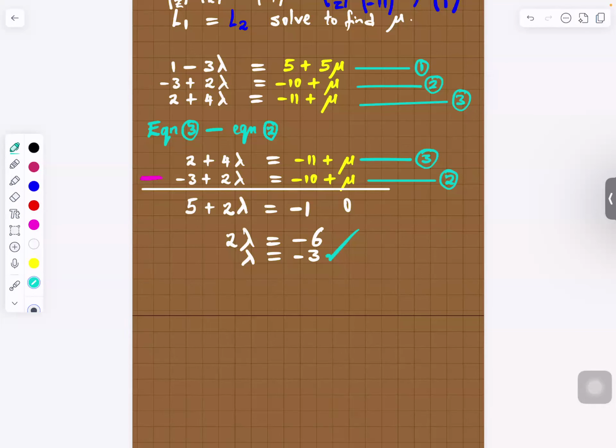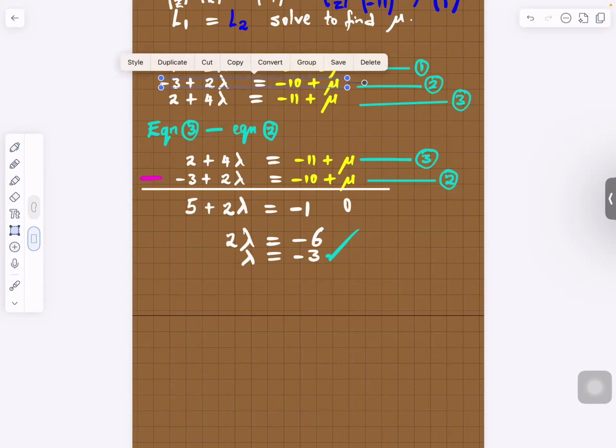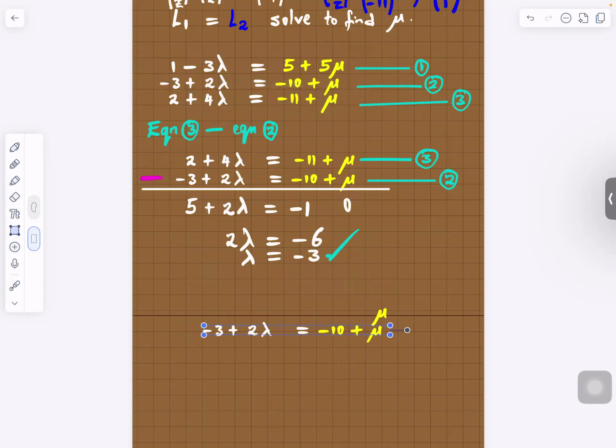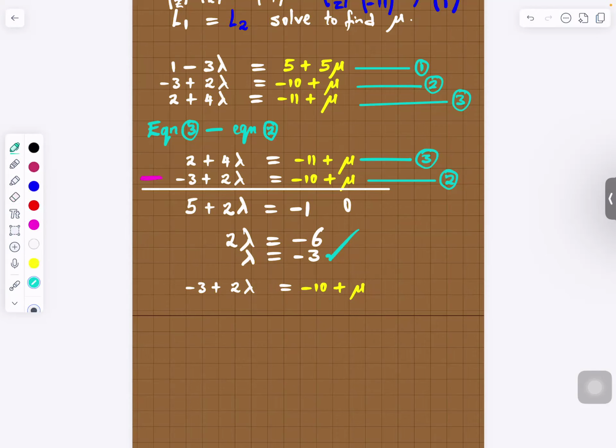So to find mu, we're going to substitute lambda is minus 3 into equation 2. I will take equation 2 again, and substitute lambda is minus 3.